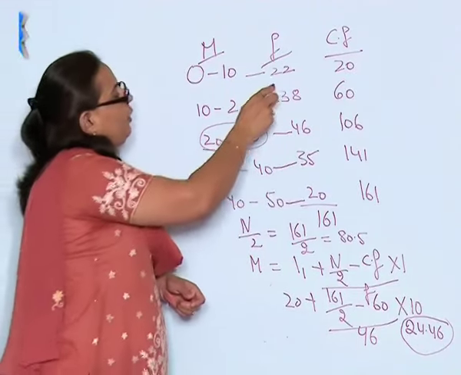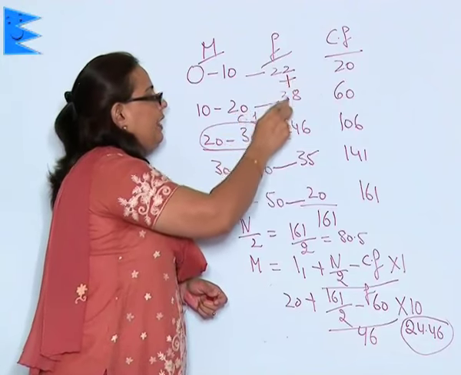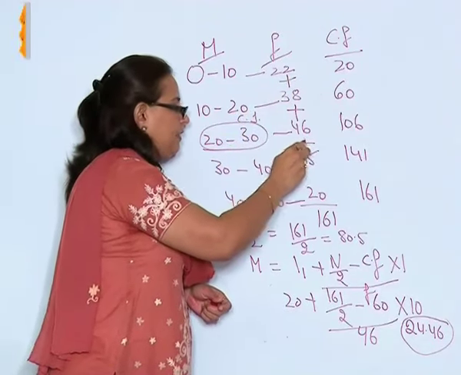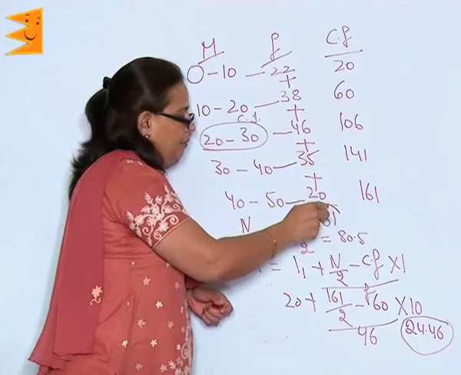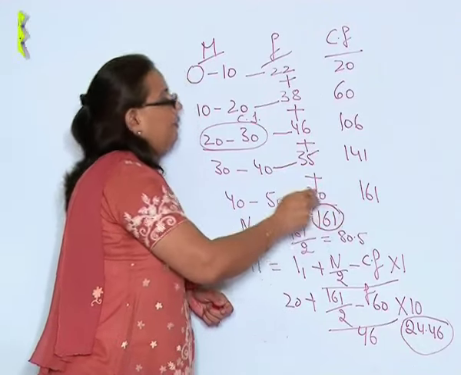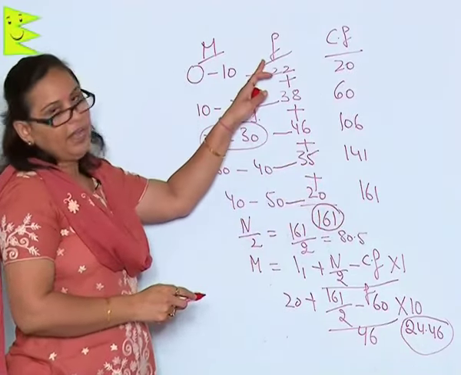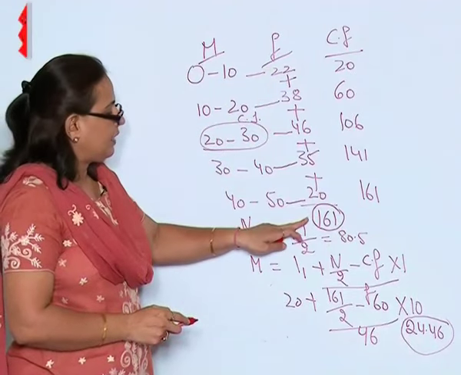So, when I add 22 plus 38 plus 46 plus 35 plus 20, it will give me 161, which means the sigma f that I have is 161.